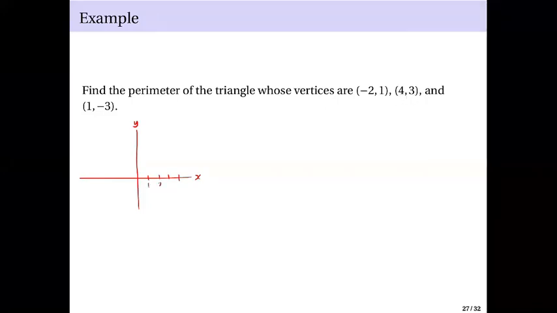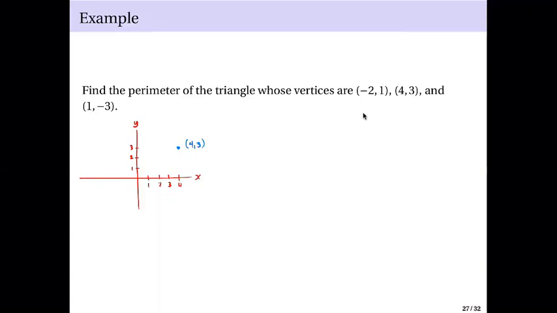So 1, 2, 3, 4 for the x, and then for the y, you have 1, 2, 3. So (4, 3) is somewhere here.